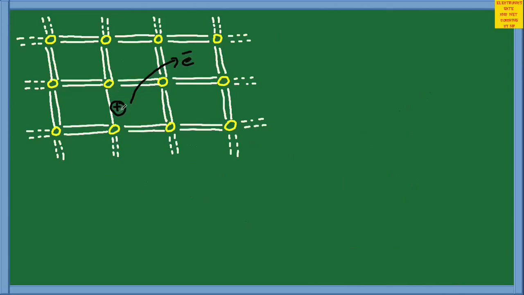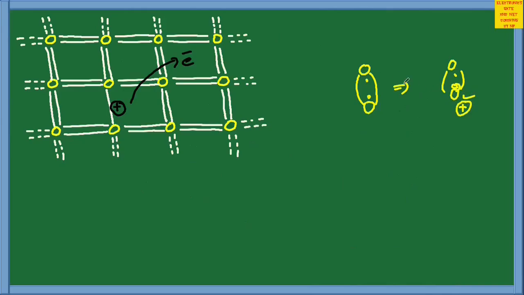And when an electron breaks the bond, it loses a negative charge, and hence there will be a positive ion. To understand that clearly, let's consider these sections separately. Let's consider 2 atoms and the 2 shared electrons. When this electron breaks the bond and becomes a free electron, then here there will be a vacancy of an electron and this atom will act as a positive ion.